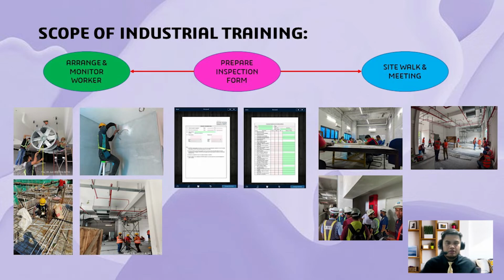site walk and meeting. The site walk will be done with the subcontractor, main contractor, client and consultant to check the material installation and resolve any issues that have been raised. Meanwhile, a meeting will be held once a week where all the contractors will be gathered in one meeting room.